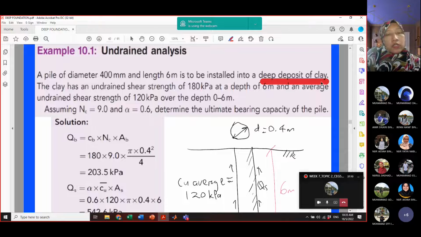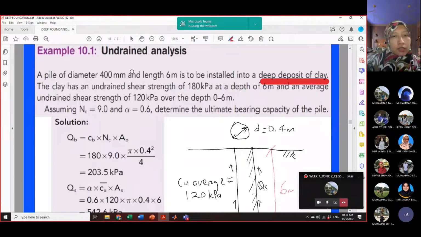Itu pun dia dah mention that driven ataupun bore pile pun dia akan bagi different value of the parameters in calculations. So bila you pergi in advanced courses, you akan nampak how the importance of the installation method might influence the bearing capacity of the pile, sama ada single pile ataupun pile in group. Okay, back to these questions.